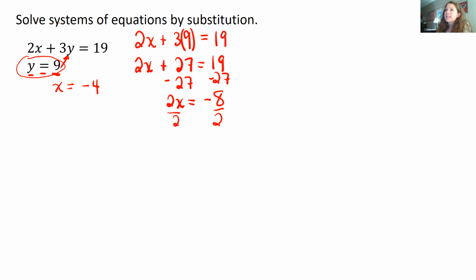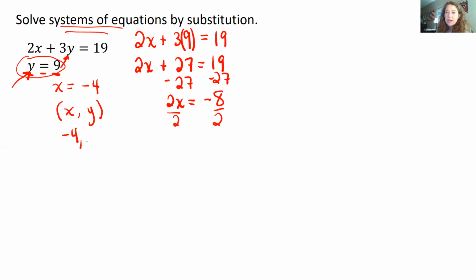Well, the thing about systems of equations is that you have to figure out what x and y both are. So you always want to write your answer as an ordered pair, and ordered pairs are always written in x, y form. So our x is -4, and on this one, it already told us the value of y.